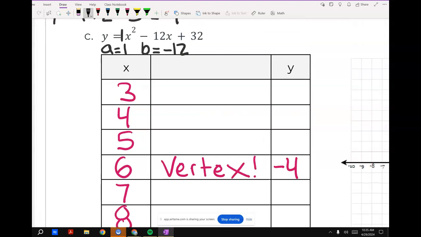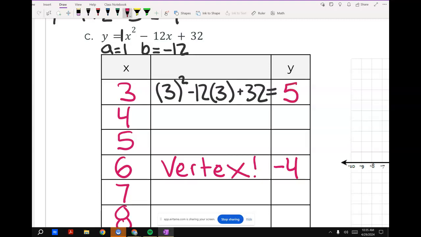So we're taking, it would be 3 squared, which is 9, minus 12 times 3, which would be 36. So we add 32. So that would be equal to, here we get a positive 5. Again, let your calculator do the heavy lifting for you. They're doing that evaluation part. For our next row, we do 4 squared minus 12 times 4 plus 32. That will give us 0.